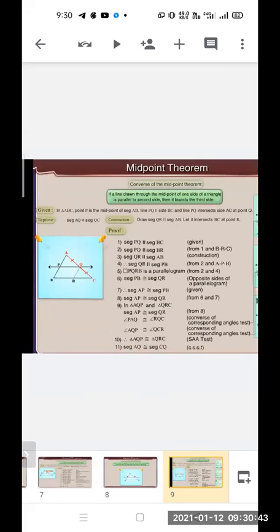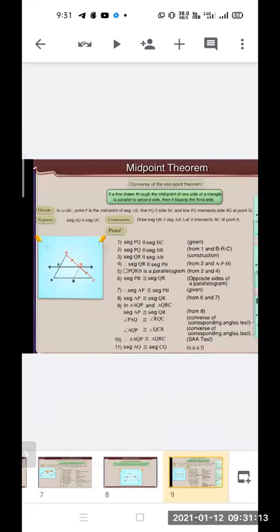Also, line PQ intersects the side AC at point Q. What we have to prove is that segment AQ is congruent to segment QC.